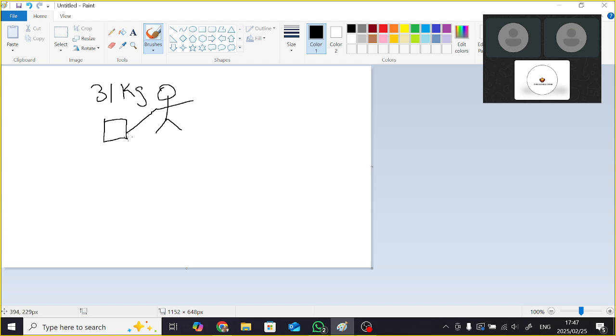And we have an angle over here, and that angle is alpha, so alpha is equal to 55 degrees, right? With the horizontal. If she applies a force of 68 newtons, so our force is equal to 68 newtons, right?